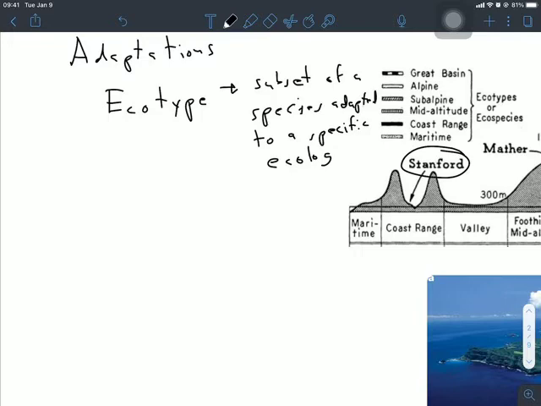When a plant has the ability to display different phenotypes based on different environments, it is said to have genetic plasticity.